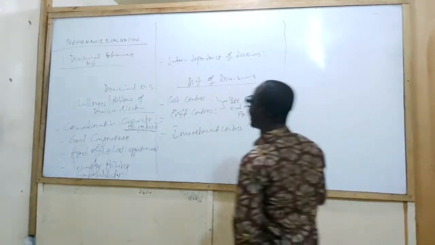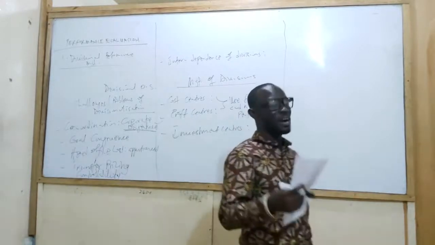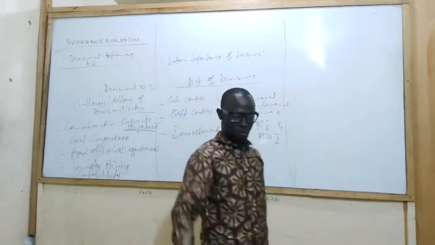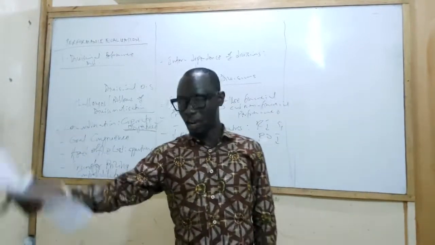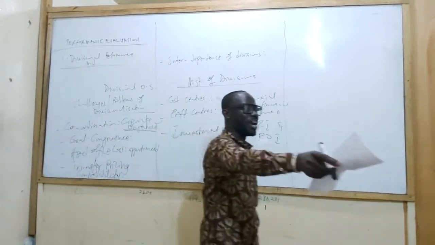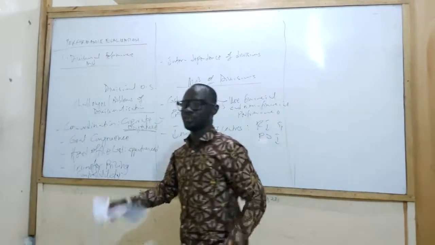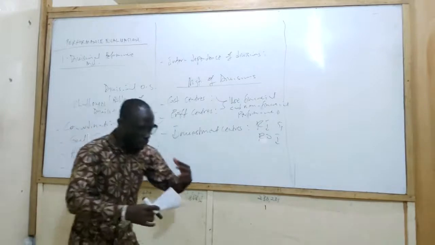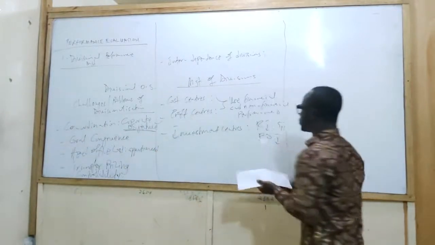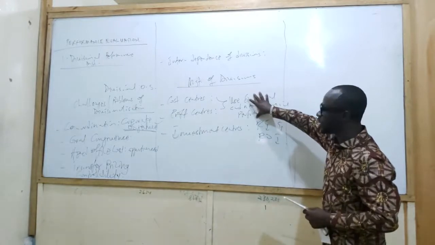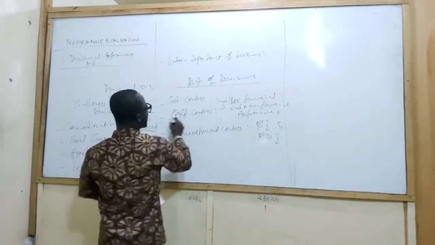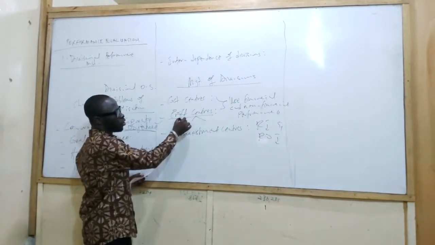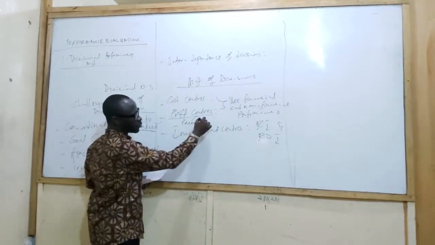Now, cost centers are simply departments, a location, a machine, or even a group of people to which cost can be allocated. So when you use the phrase a place where cost is incurred, yes, to some extent we can accept that. So for cost centers, the way we measure their performance is to use both financial and non-financial performance indicators, and I'll come back to that. Profit centers are the centers to which we can allocate both revenue as well as cost.